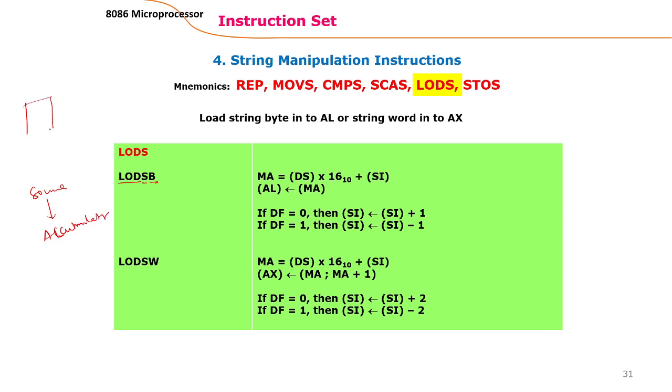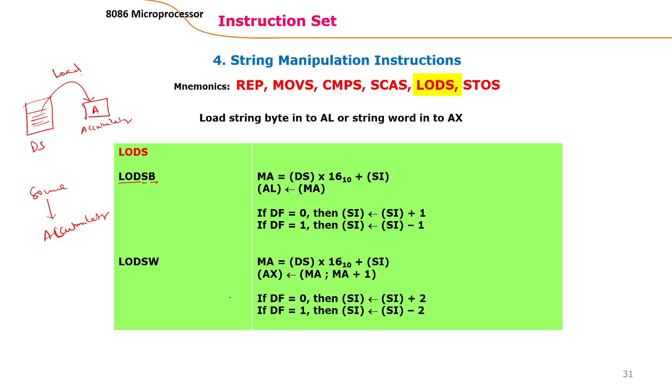The source is from the data segment, and the data is copied to the accumulator. This is how the movement takes place from data segment to accumulator. It is called load.